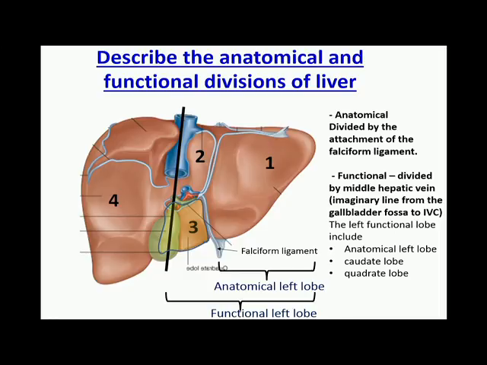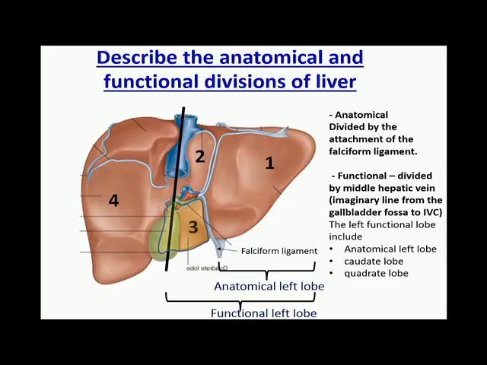That picture doesn't make sense. So this is the right lobe, and this is the left lobe. This is not a pure inferior surface.